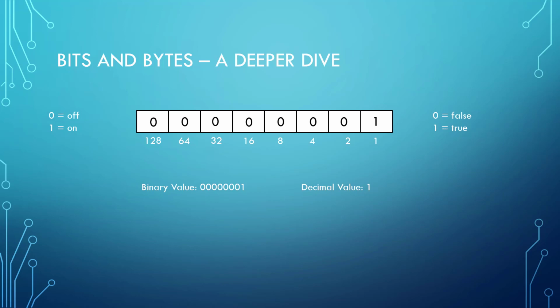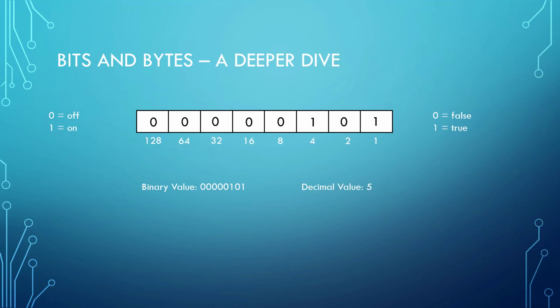Well, let's turn on another bit and see what happens. We turned on the bit that represents the decimal value of 4. So now our binary value is 0000 0101. Now this has a decimal value of 5 because the bit that has a decimal value of 1 is turned on, or set to true, and the bit that has a decimal value of 4 is also set to true.